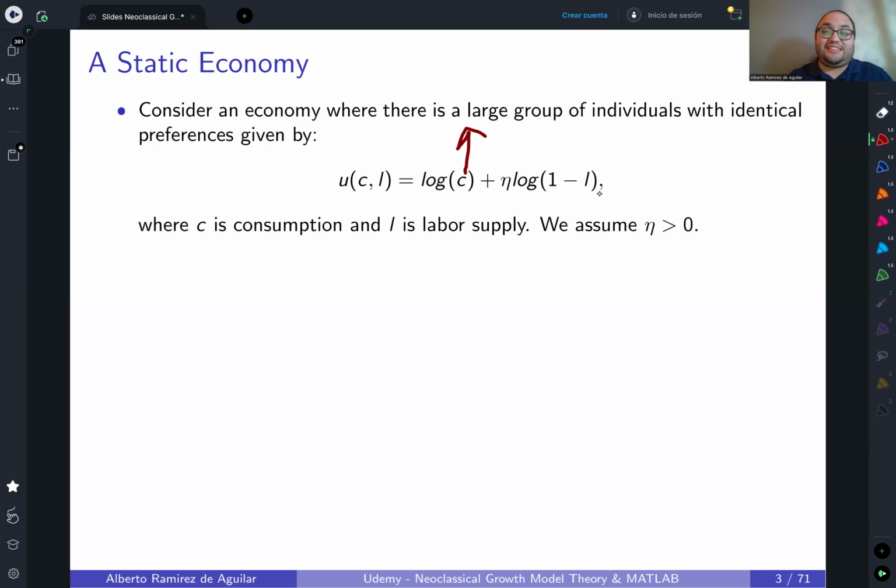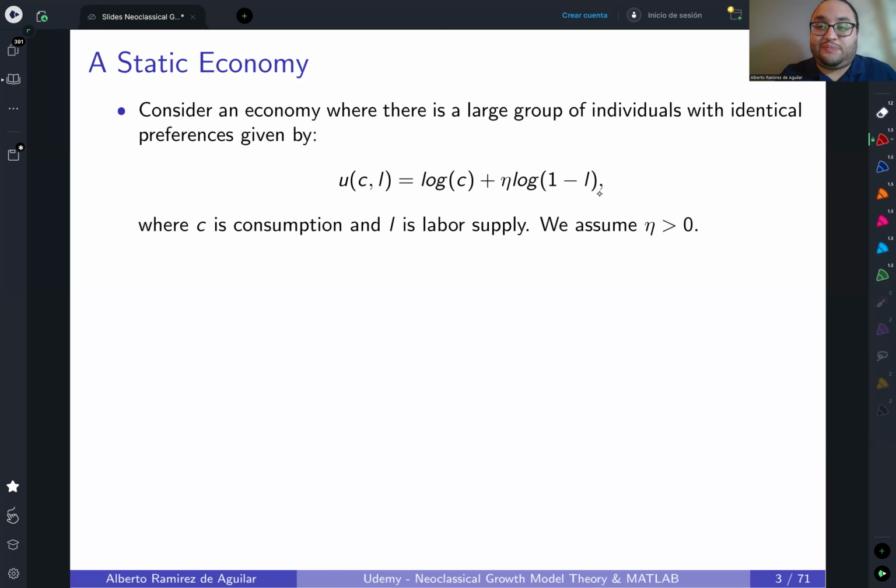So in this case, the utility of the individual is increasing in consumption, which is a usual assumption. And the second important thing is that as labor increases, the utility as a whole is going to go down. So utility is negatively related with labor. This is an important assumption. We are assuming that people don't like working.